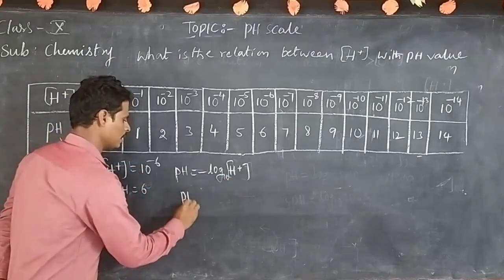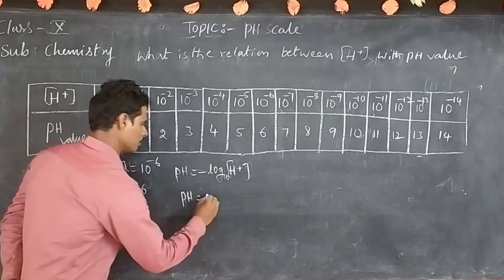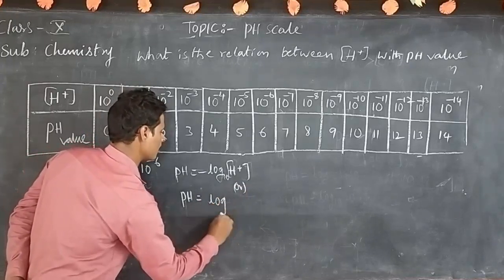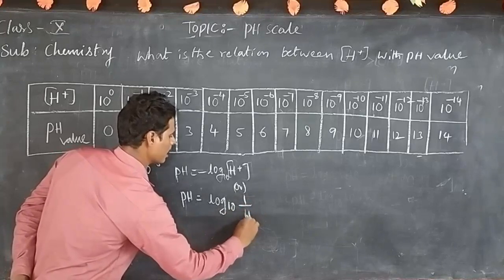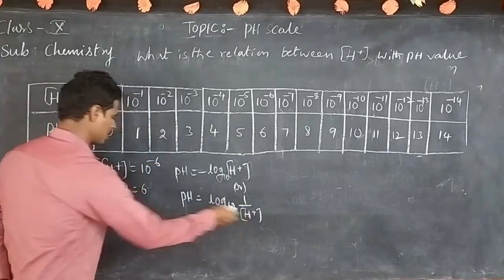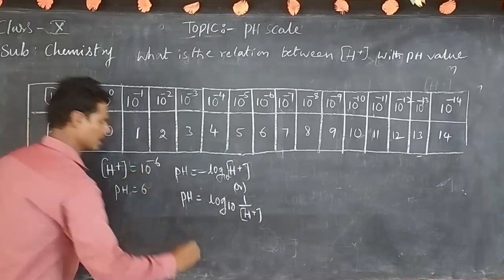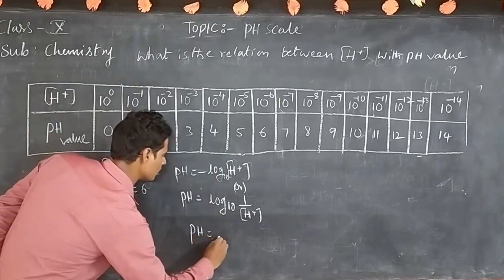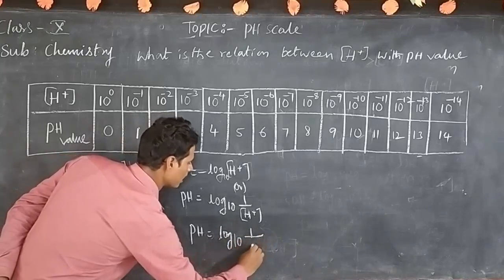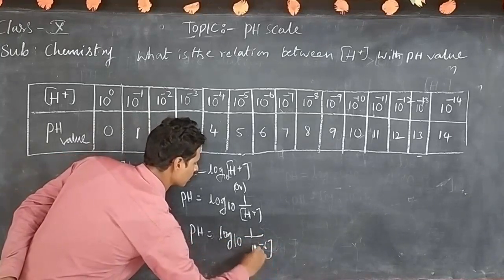Now here pH equals, we should write, log 10 of 1 by H plus ion concentration. Now how much is the H plus ion concentration? 10 to the power minus 6. pH equals log 10 of 1 by 10 to the power minus 6.